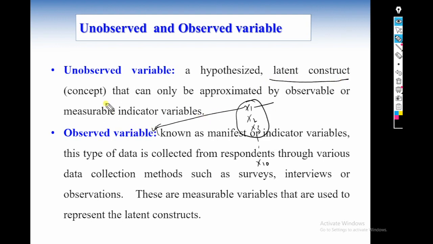So there are two things, one is unobserved and another is observed variable. We can see in our diagram observed and unobserved variables.